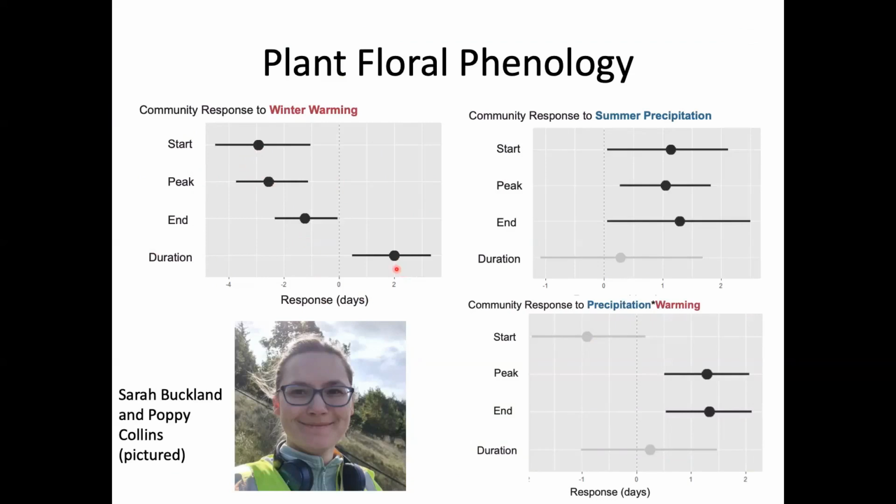But what Buxton adds is what happens to those kinds of responses when we manipulate precipitation. With additional precipitation, we actually see the opposite, so delayed start, peak, and end timings for flowering.